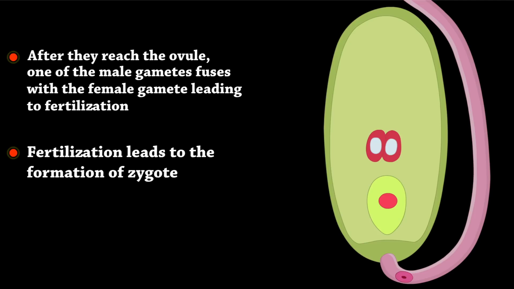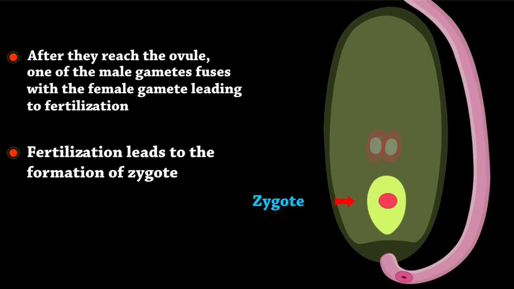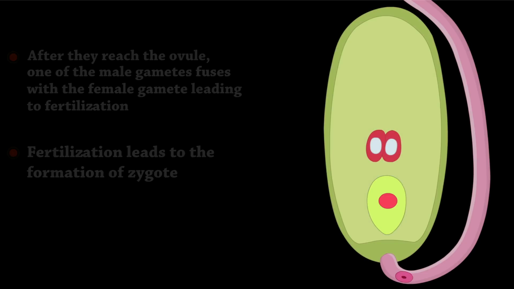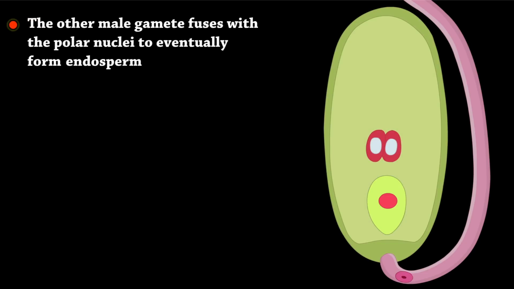Fertilization leads to the formation of zygote. The other male gamete fuses with the polar nuclei to eventually form endosperm.